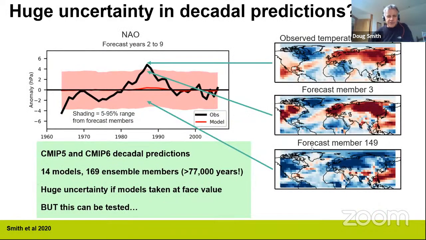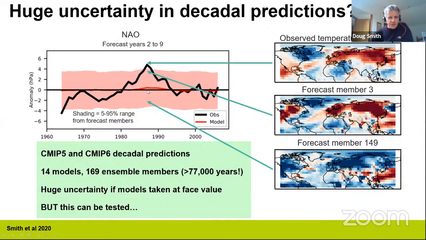Now, if we look at decadal climate predictions in the same way, we would arrive at the same conclusion. What I'm showing here in the black line is the observed time series of the 8-year running mean North Atlantic Oscillation index. You can see that there was an increase from the 60s to the 90s, and then a decrease after that. And in the pink shading and the thick red line, we show decadal hindcasts, years 2 to 9.